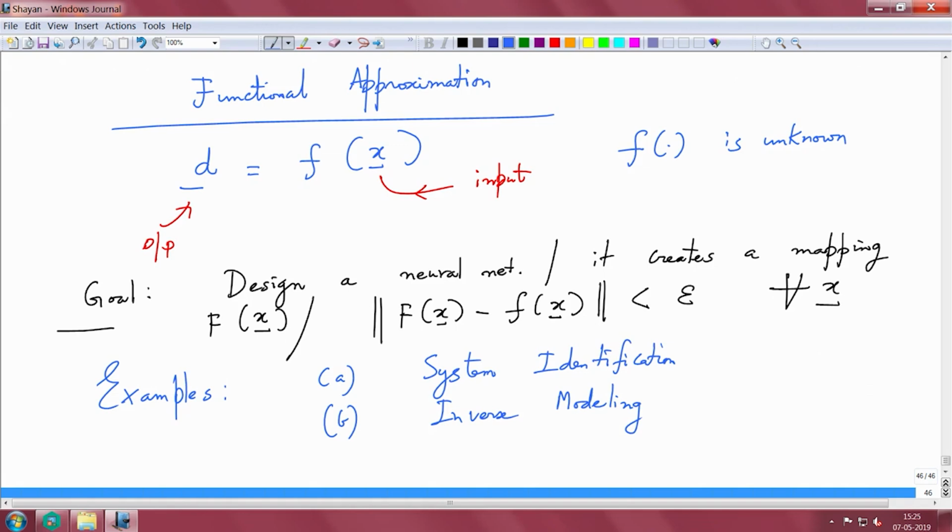And inverse modeling, for example, if you think about equalization in channels, etc., and you do not want perfect equalization, but you want a neural network to approximately equalize, then we think about inverse modeling. Perfect inverse is not possible, but within an epsilon tolerance we settle to what we want, right. So this is an important task. So these are applications in communications, many things, right.